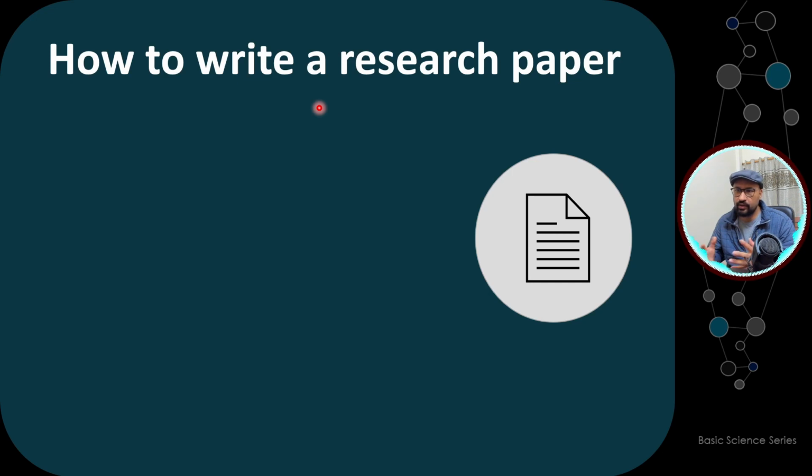And if you are not able to understand something, please let me know so that I can re-explain it, or if you find some errors, let me know and I'll try to correct those errors. All right, so I'll start with the topic, which is how to write a research paper.